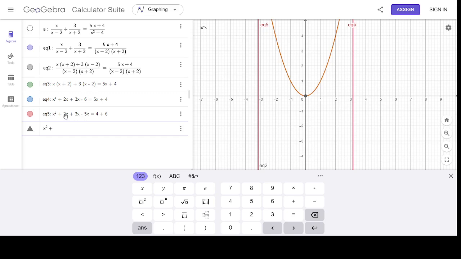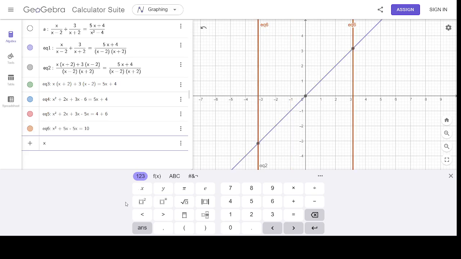So basically this is 5x minus 5x, which cancels, is equal to 4 plus 6 is 10. Then now we have x squared is equal to 10.